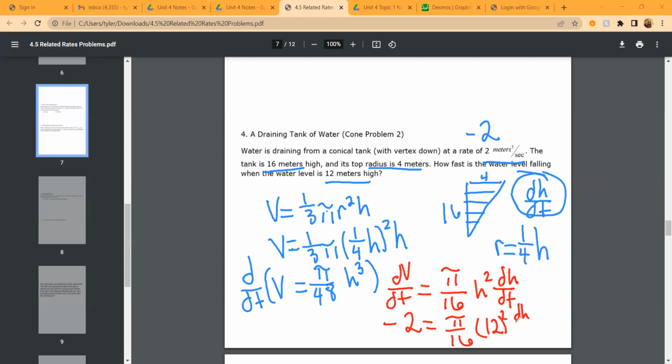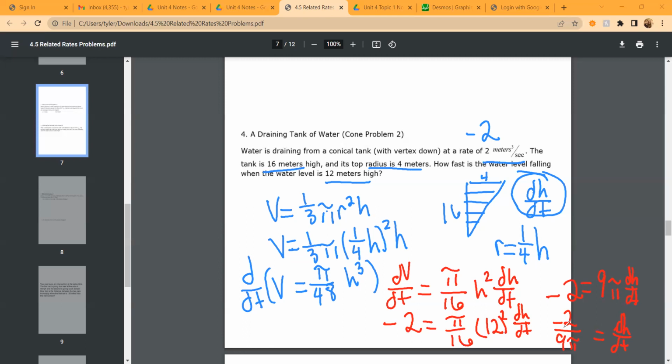And then dH/dt. 12 squared is 144. 144 divided by 16, I believe, is 9. Yep. And so this becomes -2 equals 9 pi dH/dt. And so dH/dt is equal to -2/9 pi.